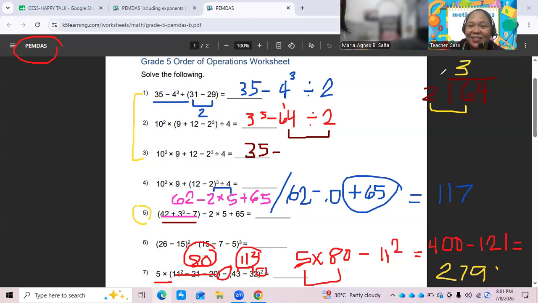So 3, then 6, then bring down 4, then 2. Then it becomes 0. So this one is 32.